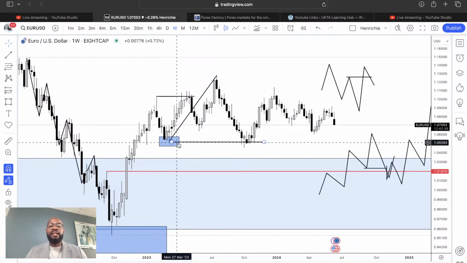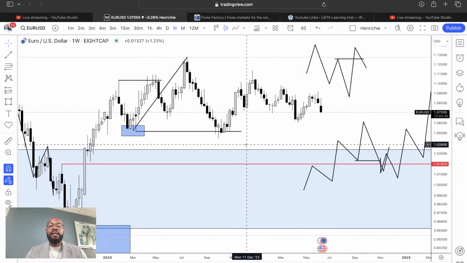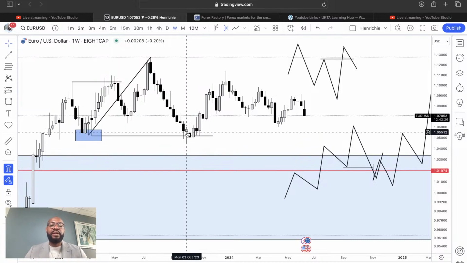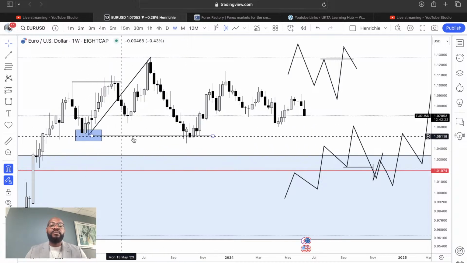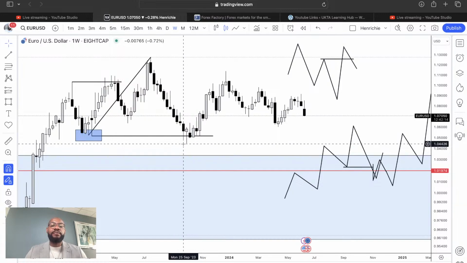Once it gets violated, I want to see a break and a close below it. In this case, you can say yes, there was a break and close below it right here. But why I wouldn't really regard this as a break and close is because this candle here came to the downside, took liquidity from this low, went to the upside, we saw price come down, failed to close below this.